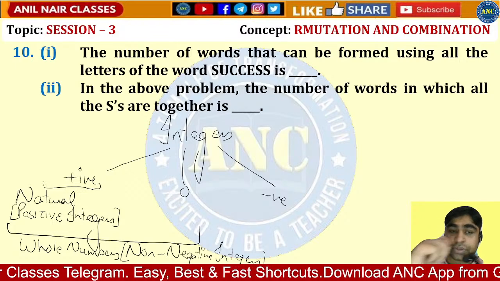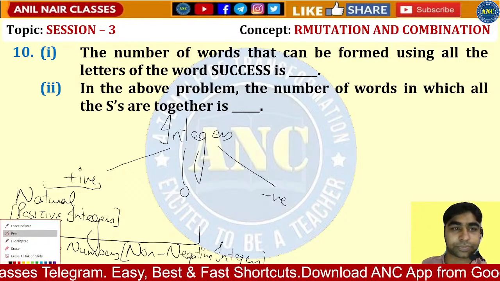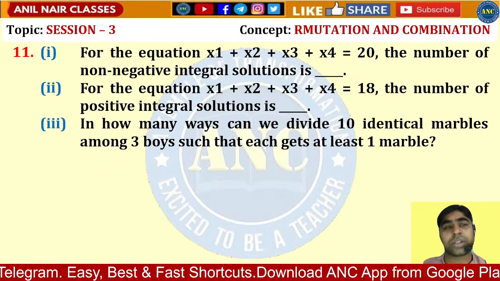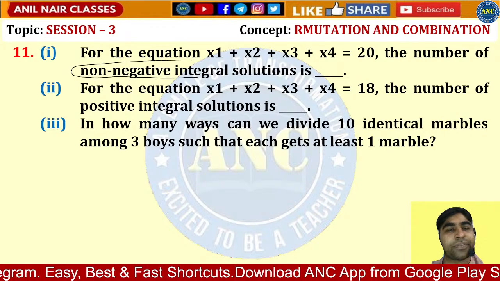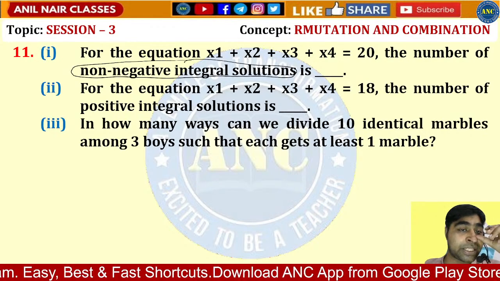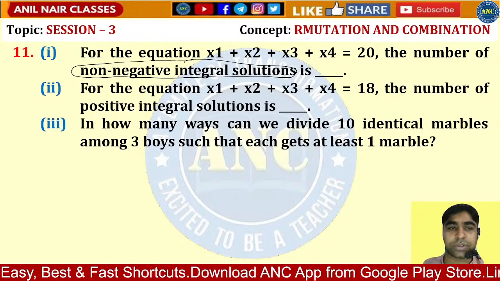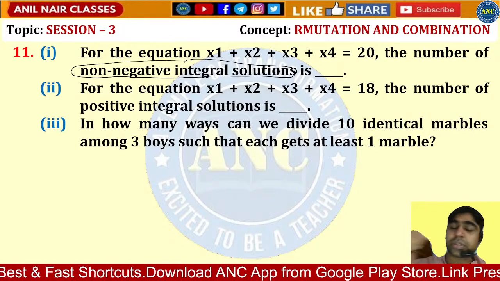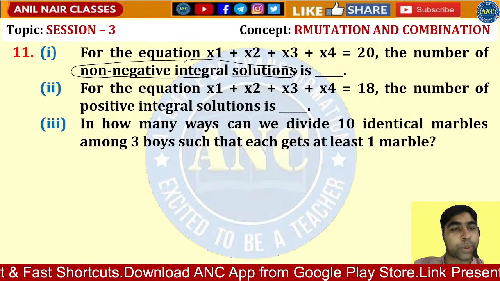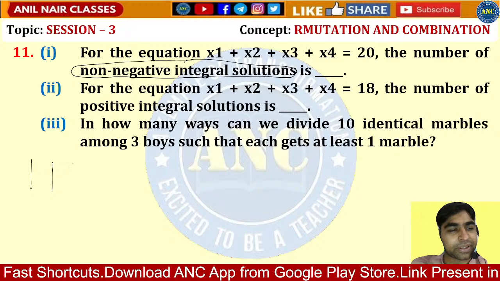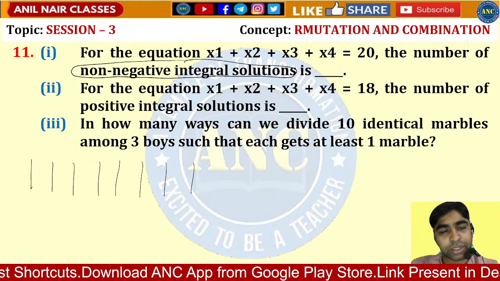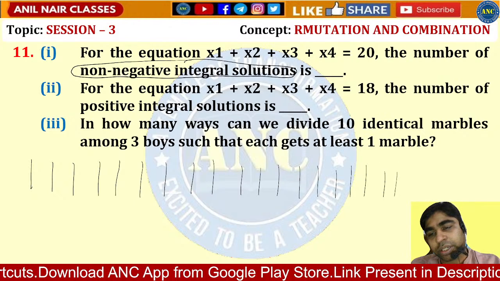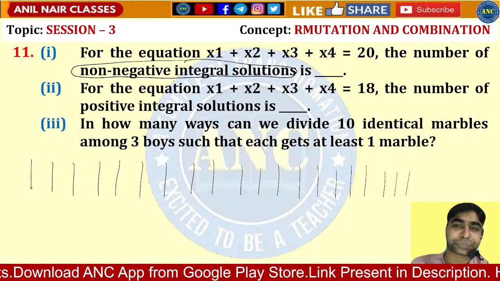So coming to this question now, it said non-negative integral solutions. That means 0 can be allowed. Okay. So the method I'm going to teach you here is, there are 20 items kept.